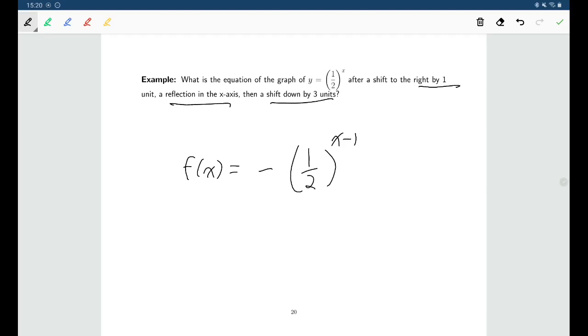And then shifting downward by 3 units, that would be subtracting 3. So my function should be negative of 1/2 to the power of x minus 1, minus 3. That would be taking my graph of half to the power of x, shifting it to the right by 1, flipping it, and then shifting it down by 3.